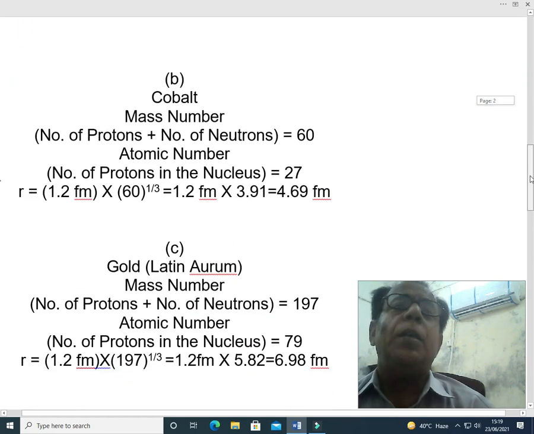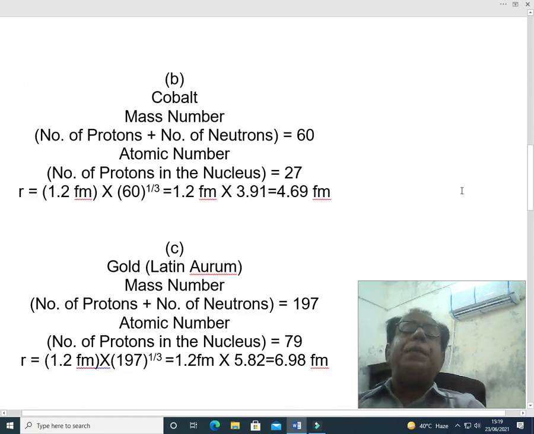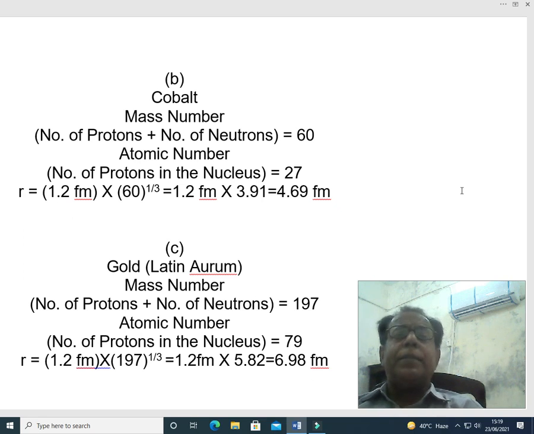Now we come to part B, which is related to element cobalt. Dear students, cobalt has mass number 60 and atomic number 27. That is why cobalt is written in this statement as Co with 60 on the upper left and 27 on the lower left. Here again we apply the same formula.